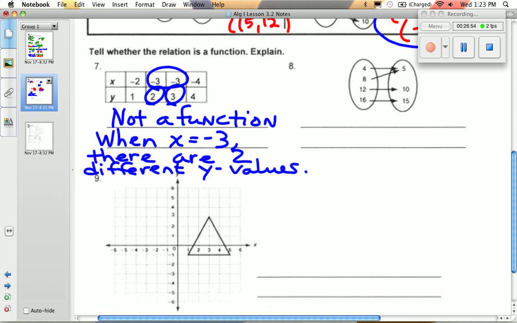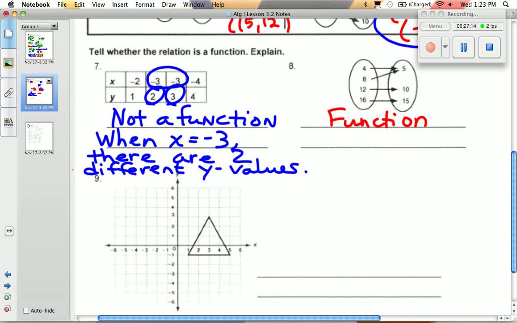Question about that one? Okay, let's look at number 8. What do you think? Is it a function? Yes. Okay. Why? Because all the x's are different. That'd be kind of one way to think of it. There's not an x value ever repeated, so if it's not repeated, it can't have another y value, right?